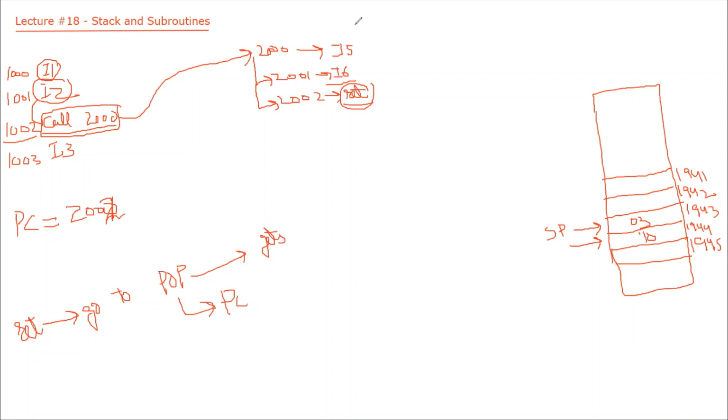So what is pop going to do? It will go to the stack. So here we have the stack pointer. It will get 03 and does an increment. Increment means it will move here. Okay, this location. Then again it gets 10 and again does an increment. So now our stack pointer finally is here.